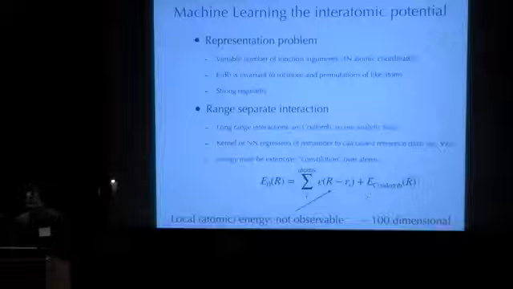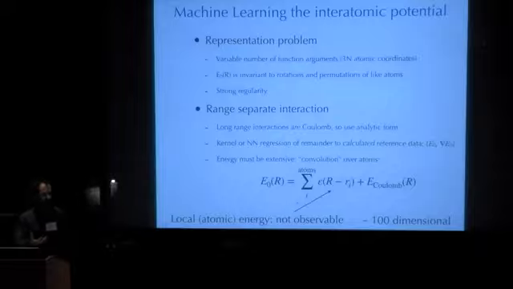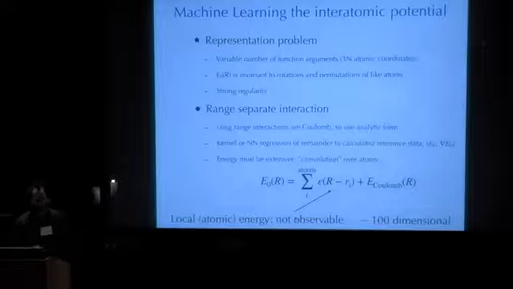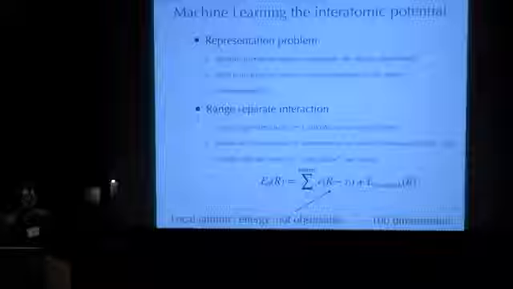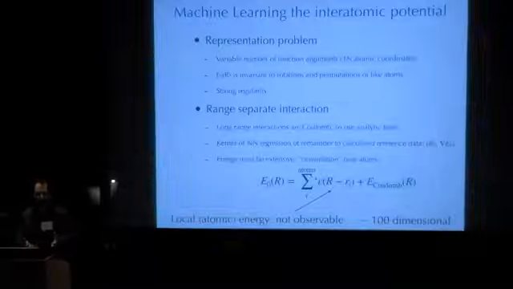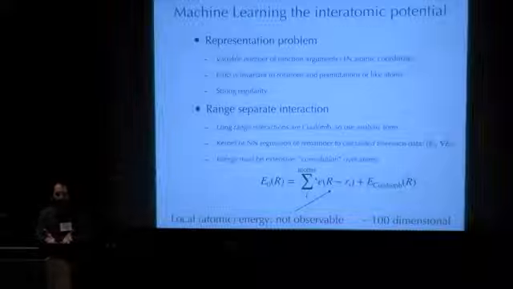And this local atomic energy, think of it as hidden variables, hidden parameters, right? That's a function I want to infer, but I don't have observations of it. I have observations of the total energy. And with a bit of playing around, you realize that the dimensionality of this local energy function is about 100-dimensional. That means you have about 30 neighbors which significantly influence the energy.